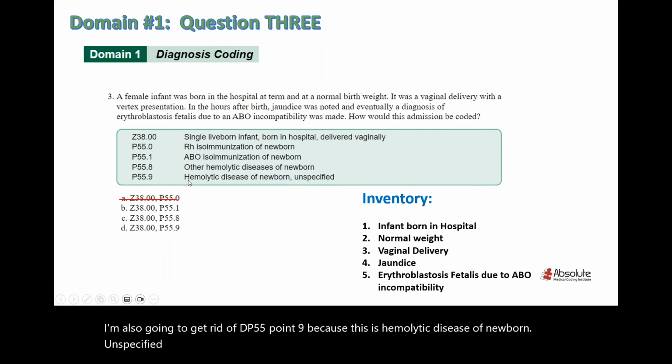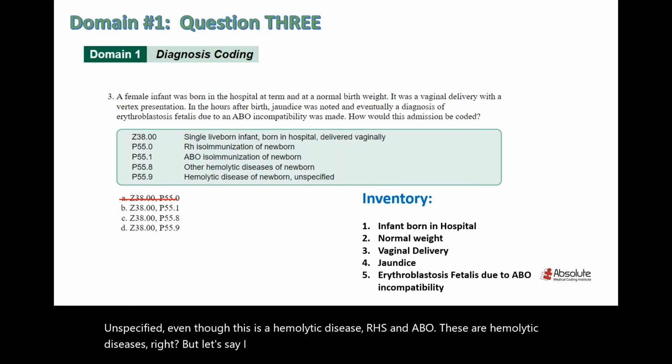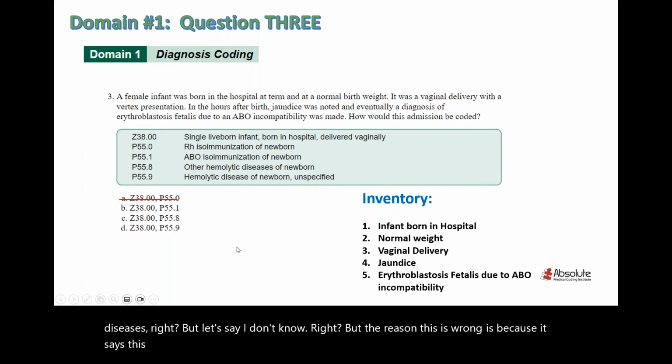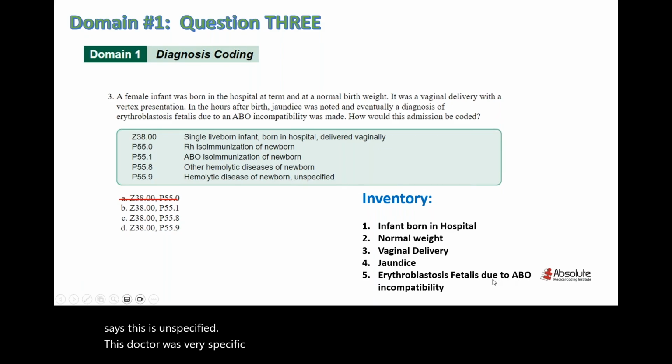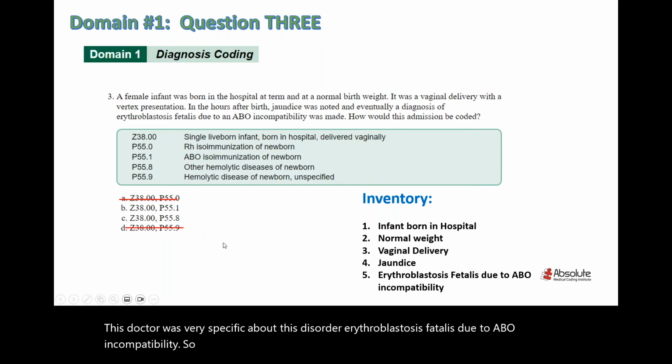RH and ABO are hemolytic diseases, but let's say I don't know. The reason this is wrong is because it says unspecified. This doctor was very specific about this disorder: erythroblastosis fetalis due to ABO incompatibility. So I'm getting rid of it because there's nothing unspecified about this diagnosis.